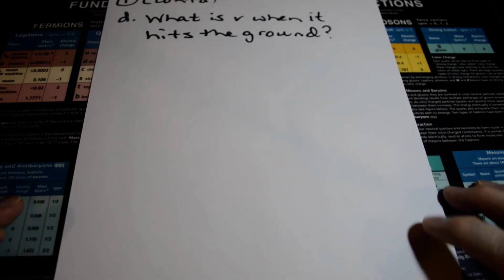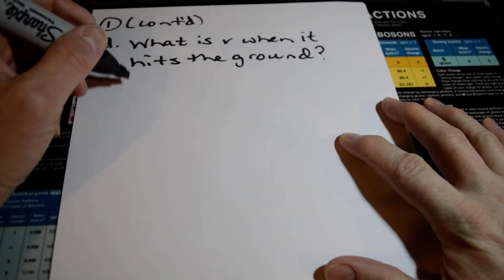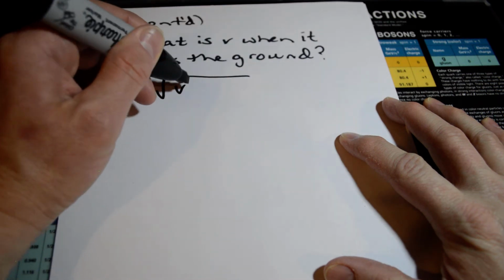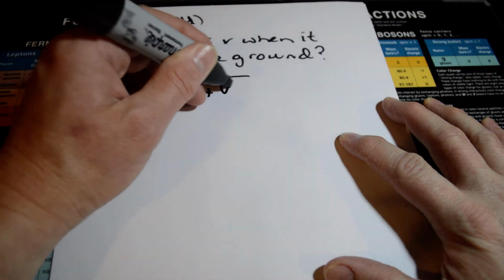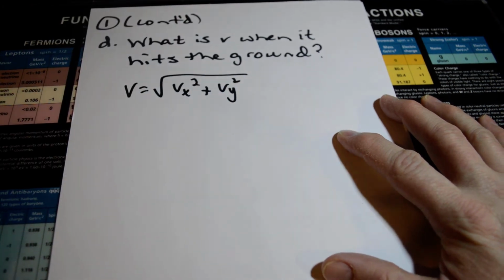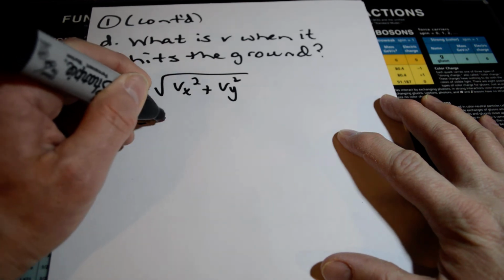What is the velocity when it hits the ground later? To find that, you'd have to say, okay, you need to know the x component of the velocity, square it, plus the y component of the velocity, square it. So use the Pythagorean theorem. I would have to find the y component. I don't know what it is yet.